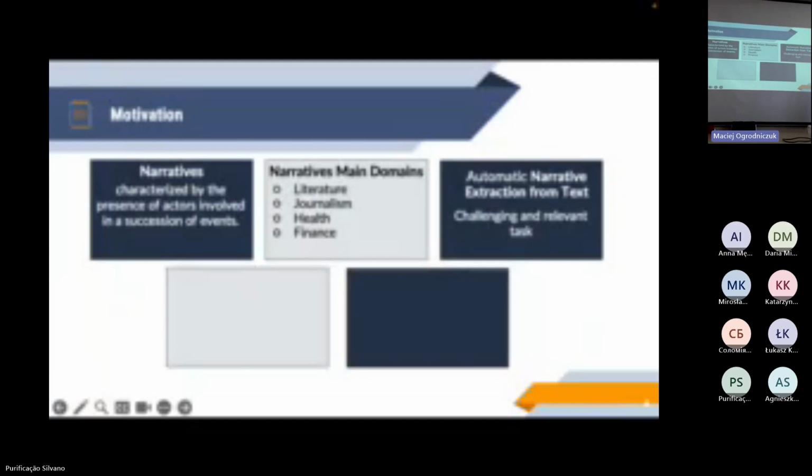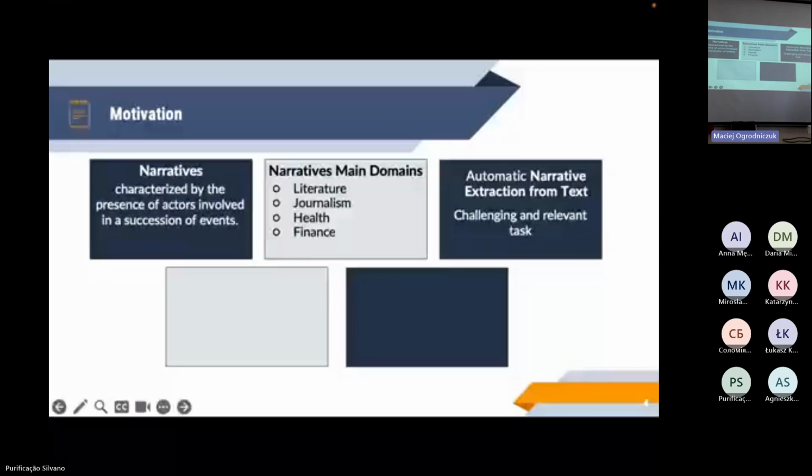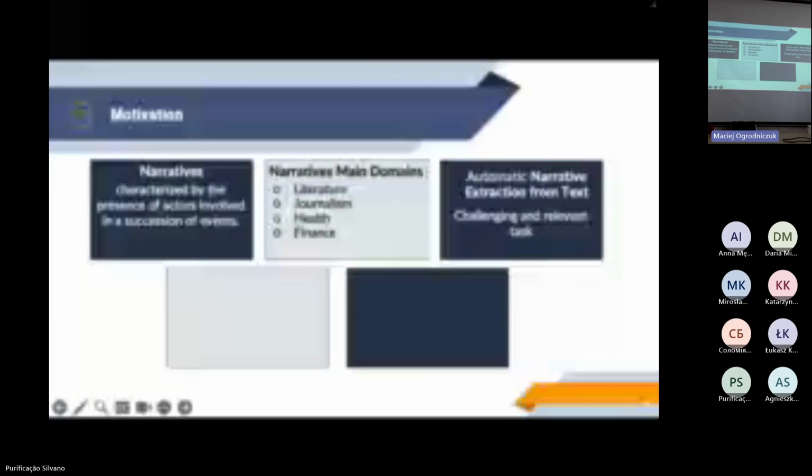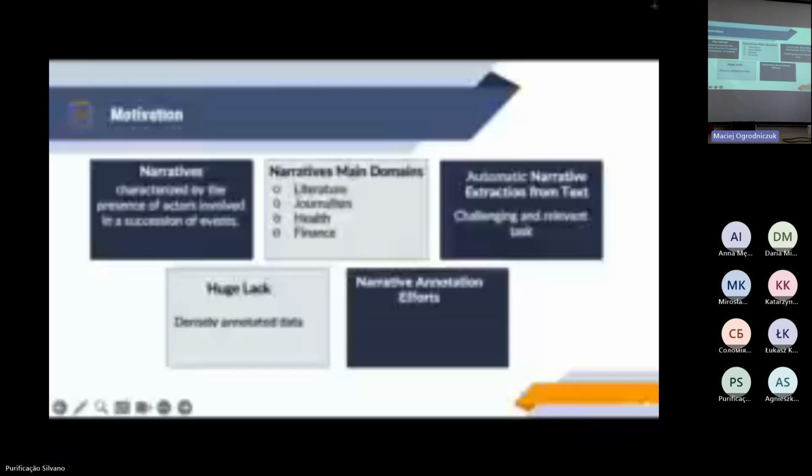We can start with events, the participants, the times, the places, and still some are more developed than others, but still they are very challenging as a whole. And also there is the problem of a lack of annotated data sets that can be used to train models to extract that information that we need.